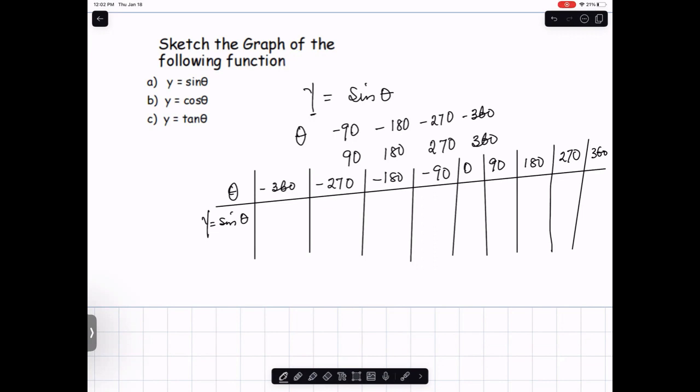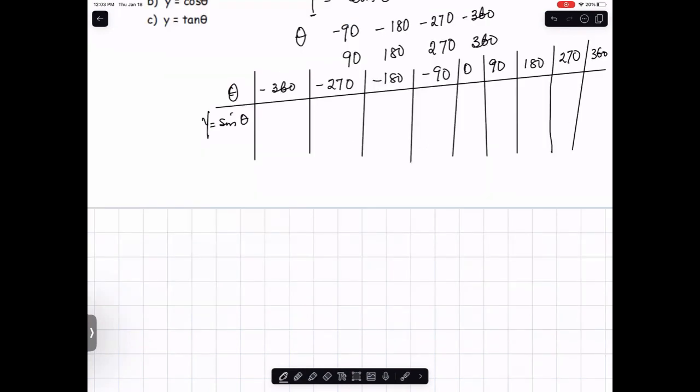So the first value is sine negative 360. Sine negative 360 gives 0.